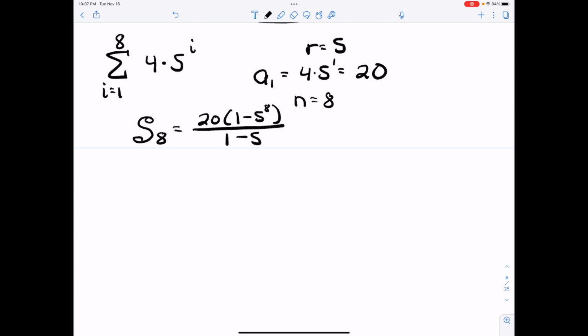All right, so do the whole thing on the top, divide by negative 4, and you end up with a grand total of 1,953,120. Pretty good sized numbers, so I'm kind of glad that we didn't sit there and actually find all the terms in the sequence and then try to add them up. That would have been kind of annoying.